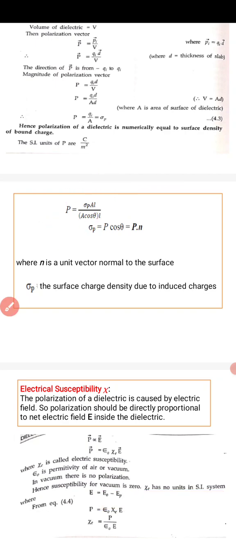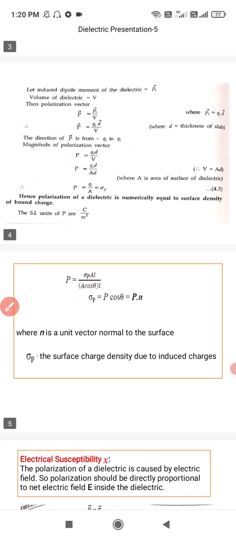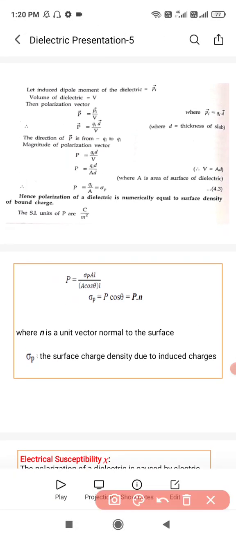In this case, the A dL in the numerator and denominator will cancel each other out. We will get sigma P, or surface charge density, equal to P into cos theta.